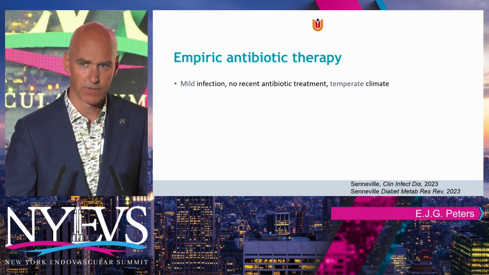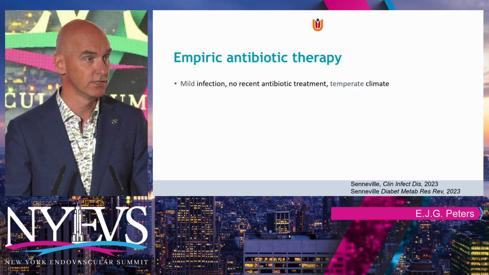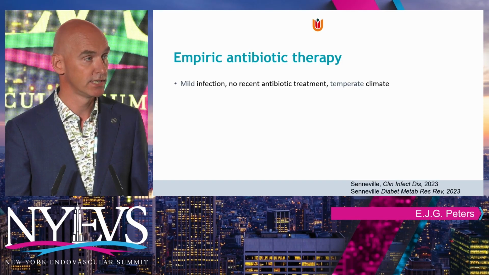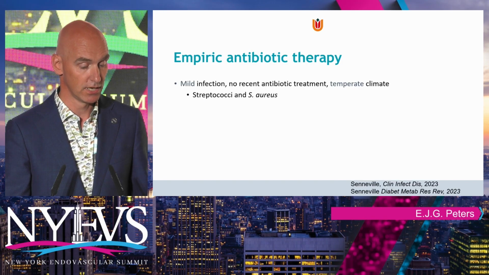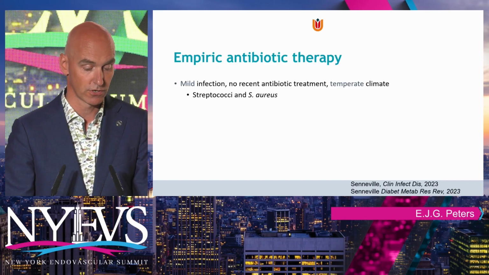Well, there's not, but there are some general guidelines for it. If you have a mild infection in a patient that has not been treated with antibiotics previously, and if you live in a temperate climate, then you can aim your antibiotics at streptococci and Staphylococcus aureus.